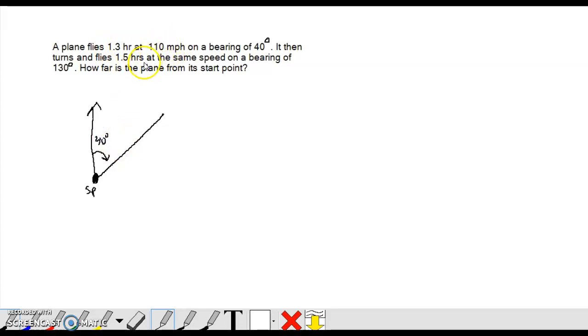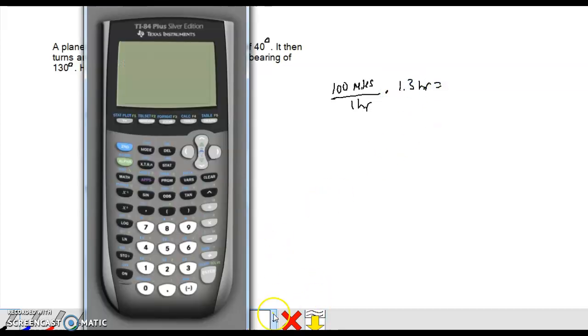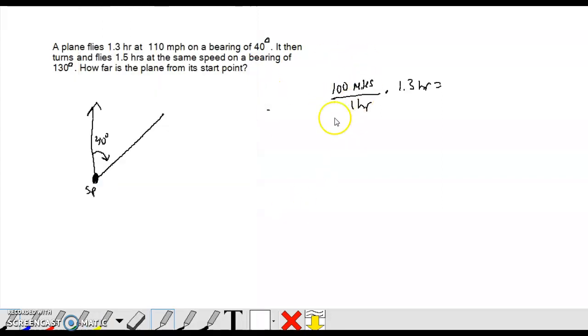So the first thing that I want to do is figure out how far I'm traveling. So if I go 100 miles in 1 hour, and I'm traveling for 1.3 hours, how far am I going? So 100 multiplied by 1.3, oh, not 100, I meant to say it's 110.